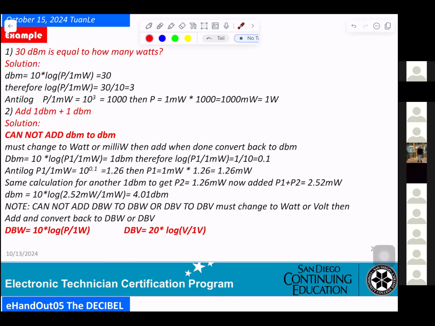So basically, you cannot be an RF technician. You are just a very basic electronic technician. However, RF technicians working in the lab, when they measure, they're using dBm.